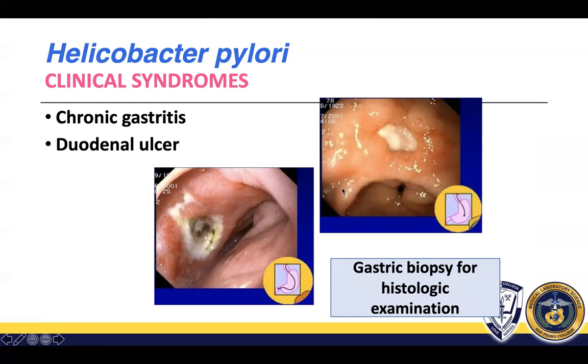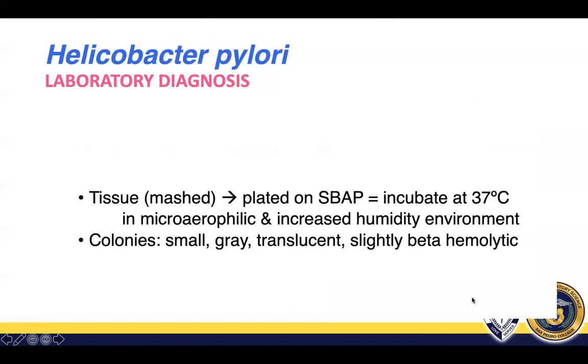However, if these cells are damaged by the activity of H. pylori, the mucus protecting that wall will lessen, causing the acids to penetrate into the lining, producing these ulcerations. So gastric biopsy for histologic examination would be best to identify Helicobacter pylori.